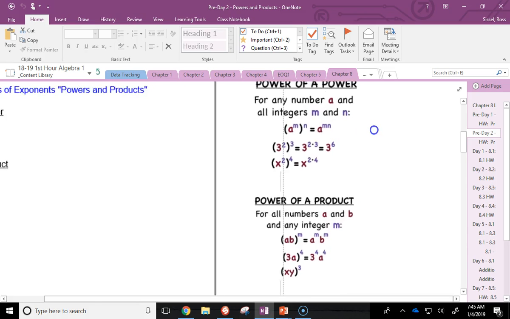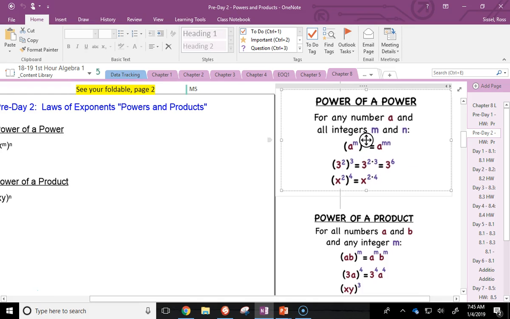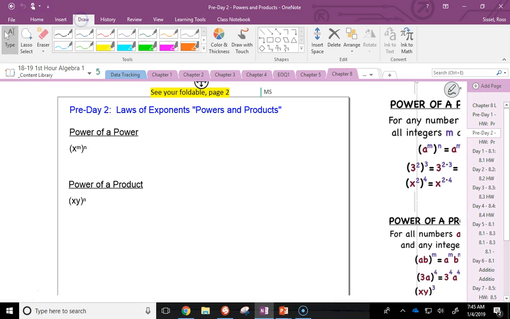So, what powers of a power say, and I actually think this picture does the best job of explaining it for you. Any number A and all integers M and N. So it says, just like our example here, x to the m power, and then it was being raised to an exponent, n.